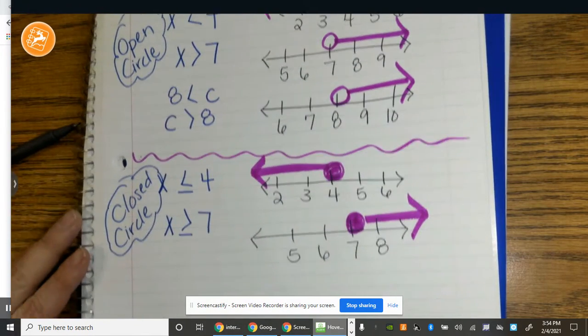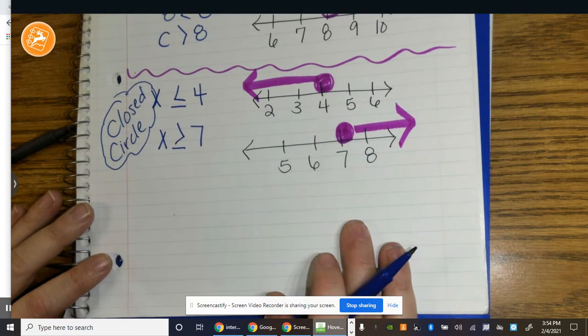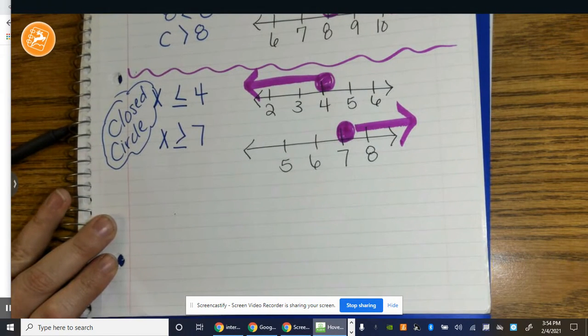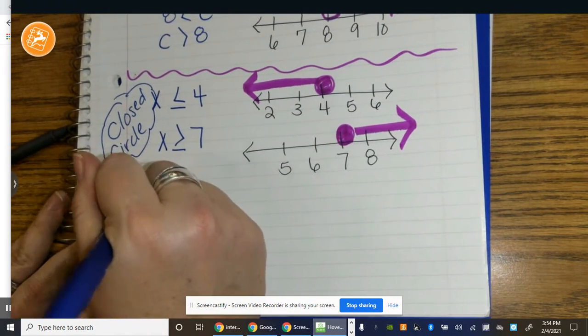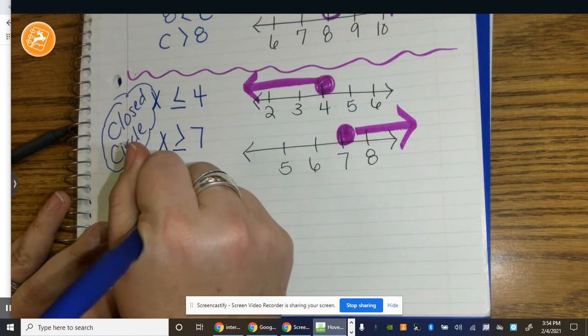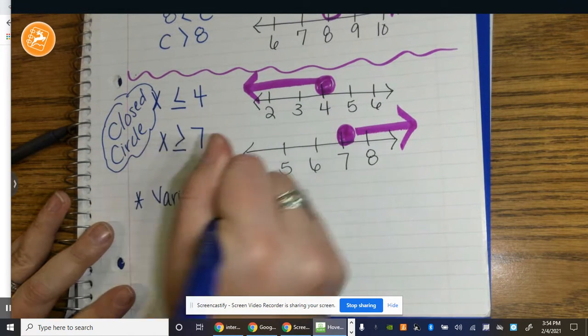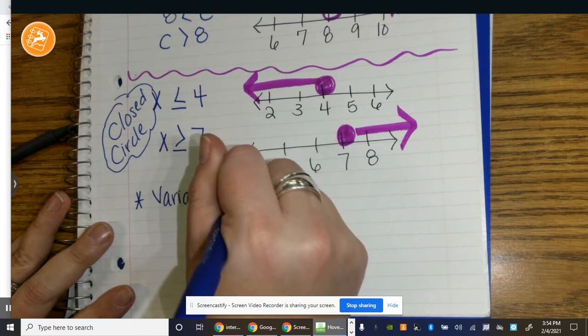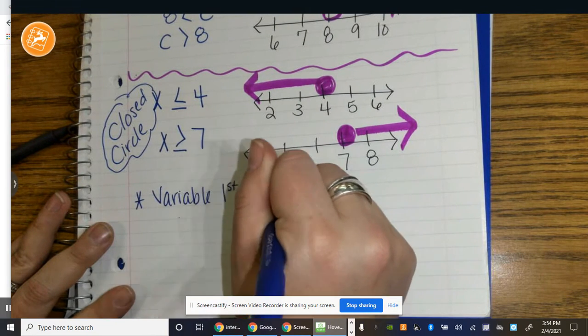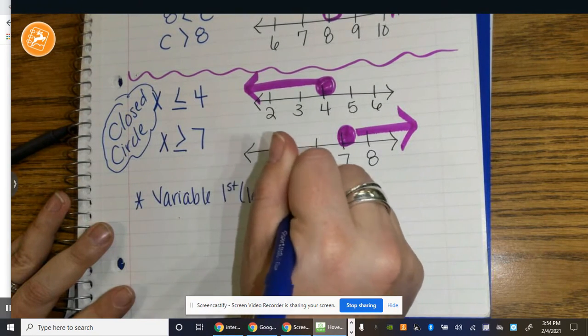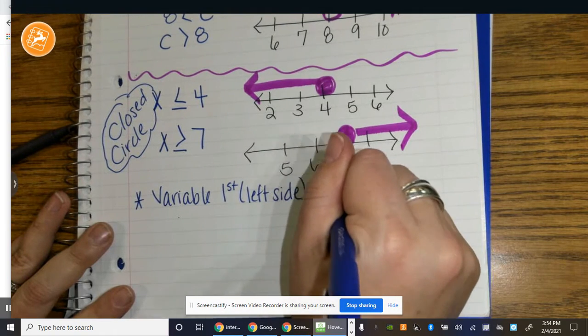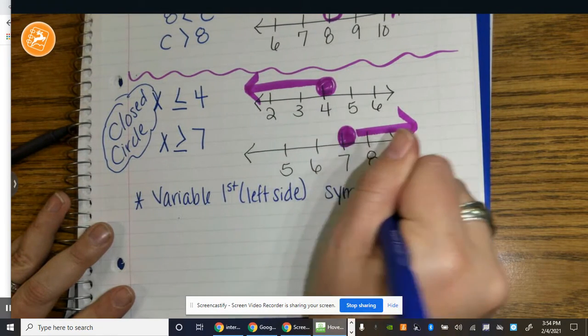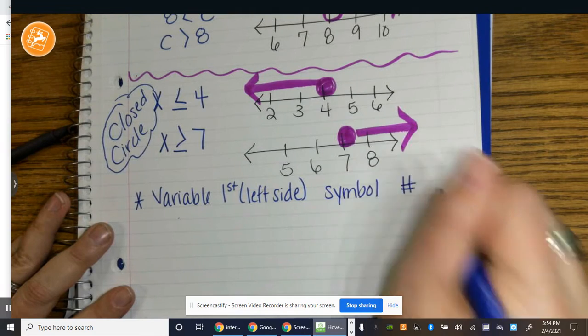All right. Key takeaway, guys, for you to remember is that you always want your variable first. So get your variable to the first, or on the left side, and then your symbol, and then your number. Okay?